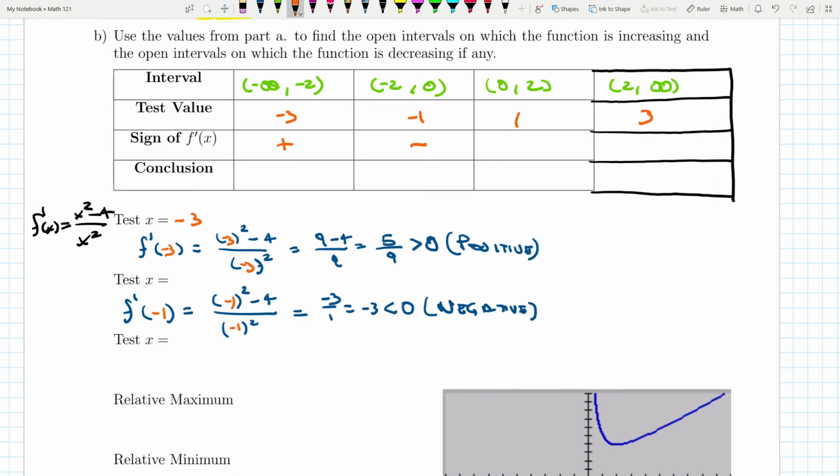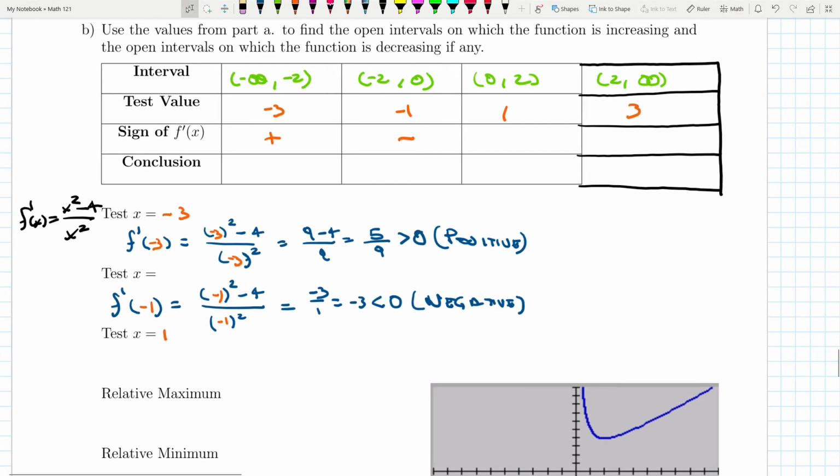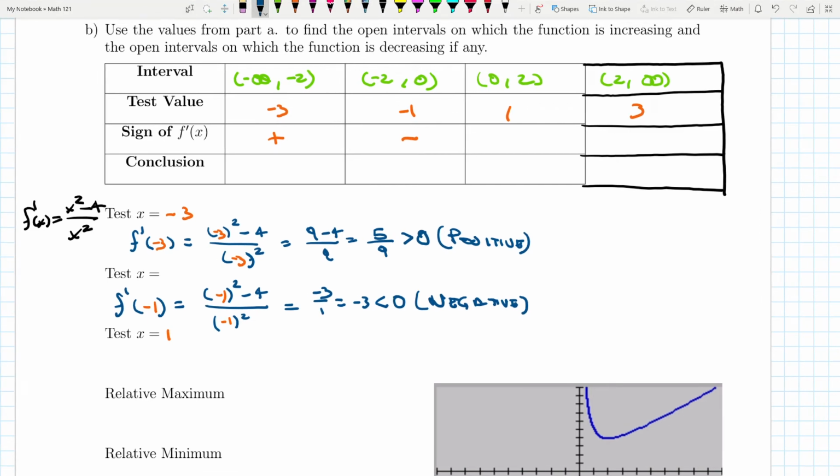Let's test x equals positive 1 on the derivative, of course. F prime at 1 equals 1 squared minus 4 over 1 squared.